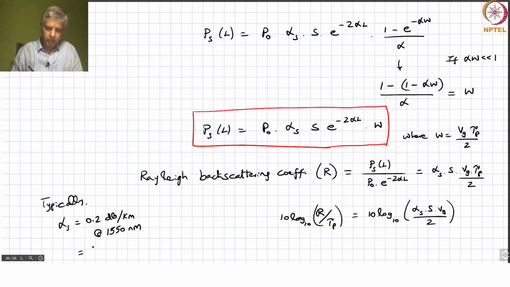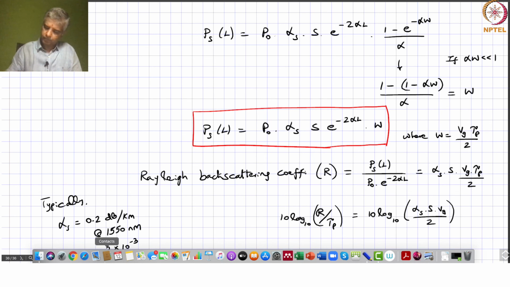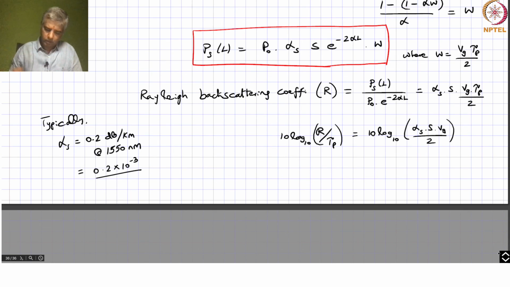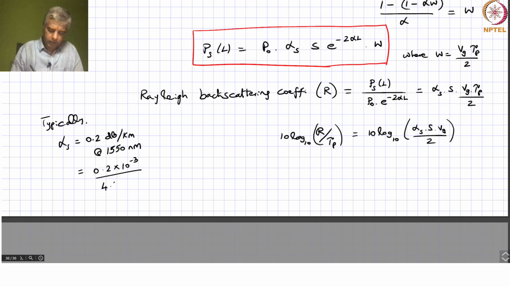So 0.2 dB per kilometer is 0.2 times 10 power minus 3 dB per meter, and that divided by 4.343 if you want to convert to Nepers per meter.